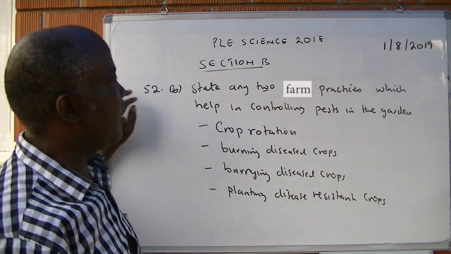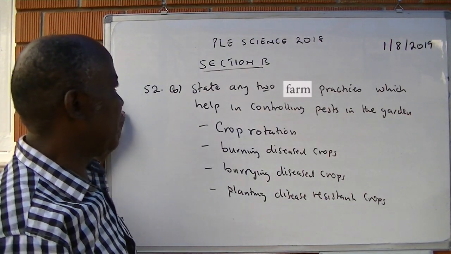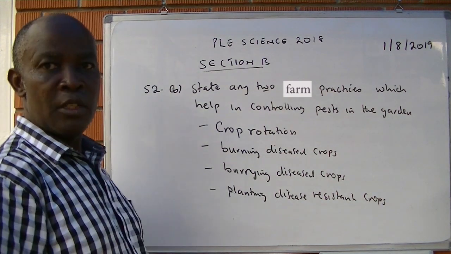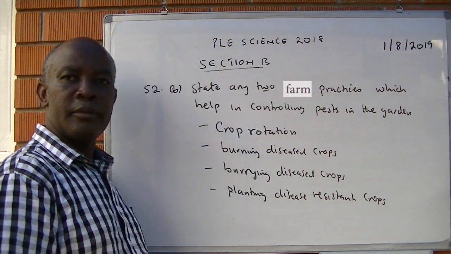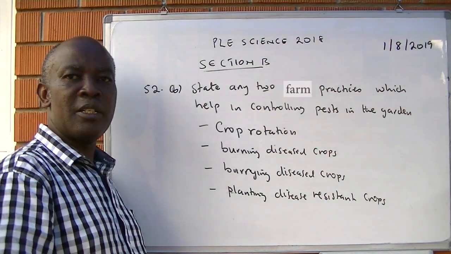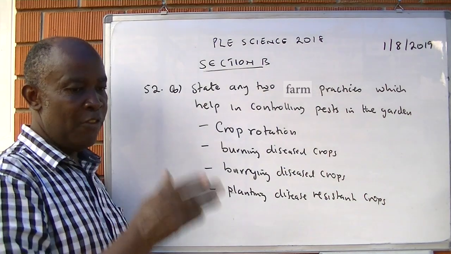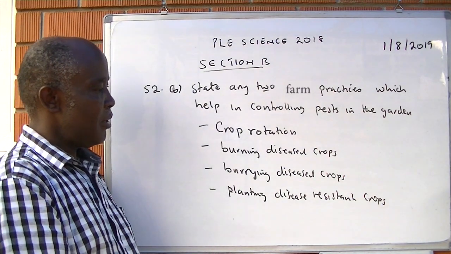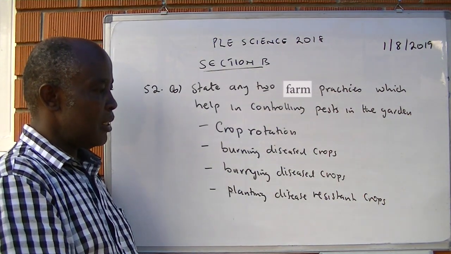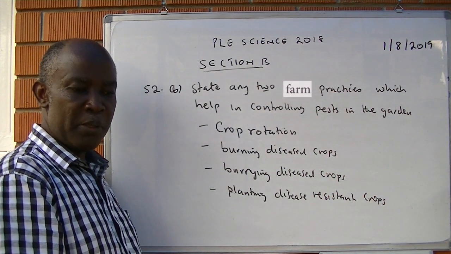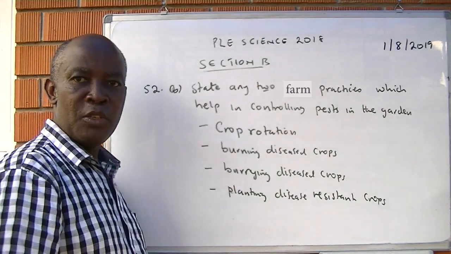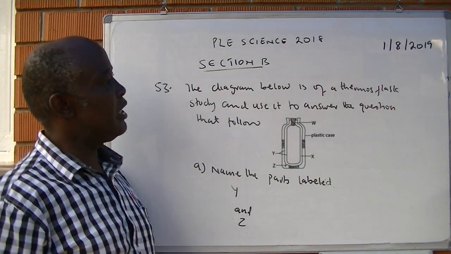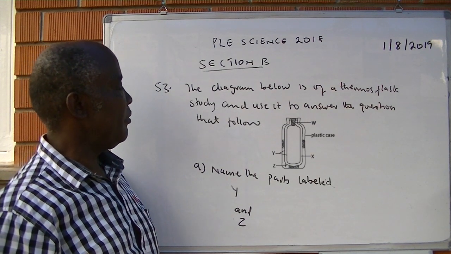52B, state any two farm practices which help in controlling pests in a garden. Crop rotation, planting different crops for different seasons, burning diseased crops, planting crops that are resistant to diseases. 53, the diagram below is that of a Thermos flask.